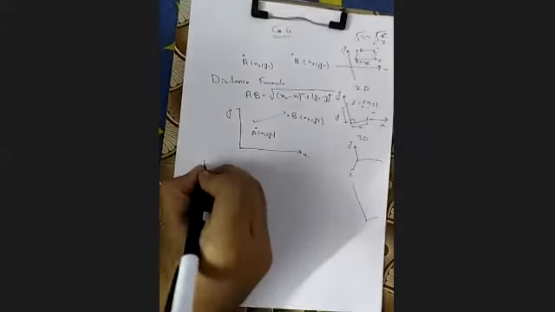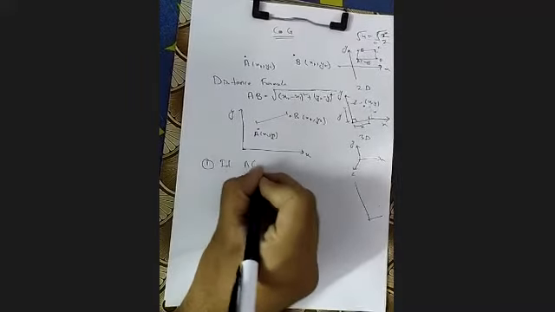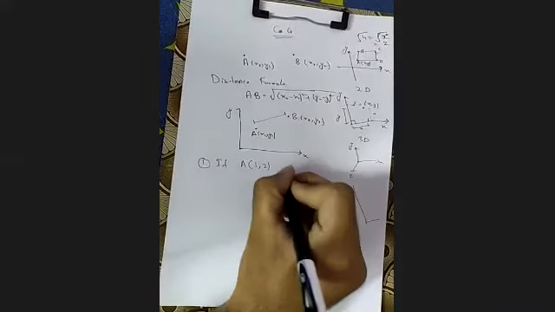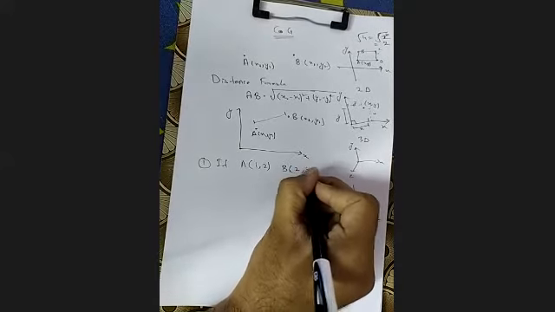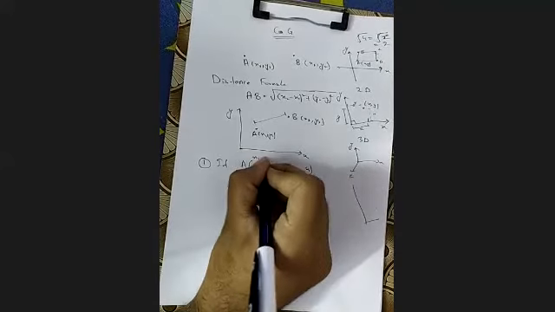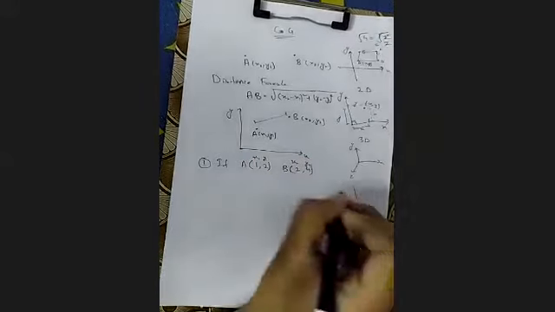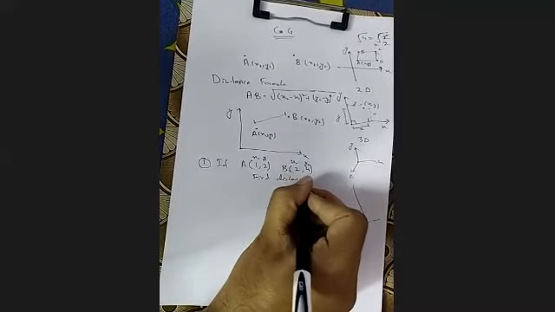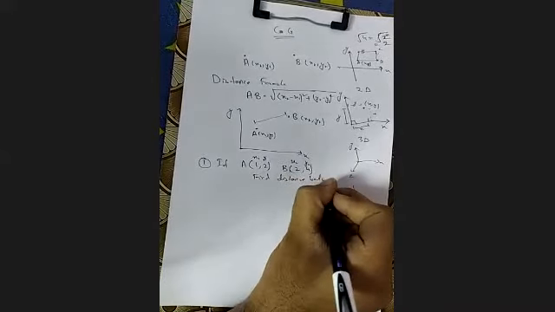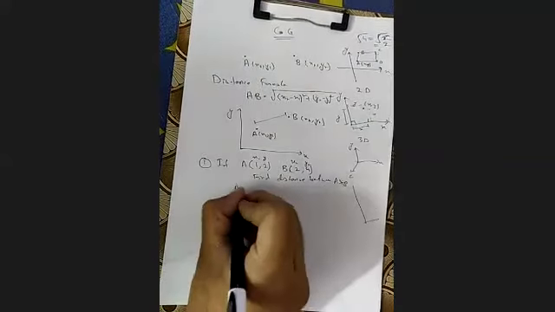So now we will do one example question. If A is equal to 1 comma 2, and B is equal to 2 comma 4. So this is x1 and y1, and this is x2 and y2. You have to find the distance between A and B. So how are we going to find it?